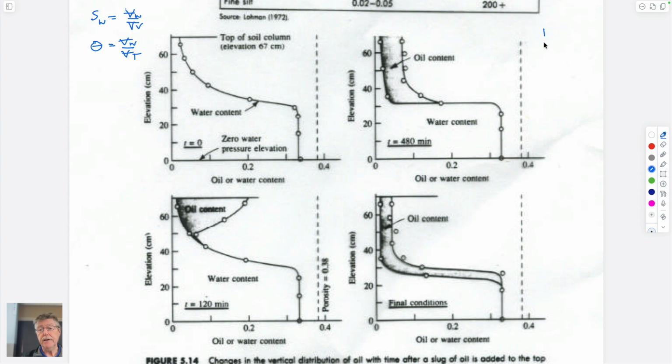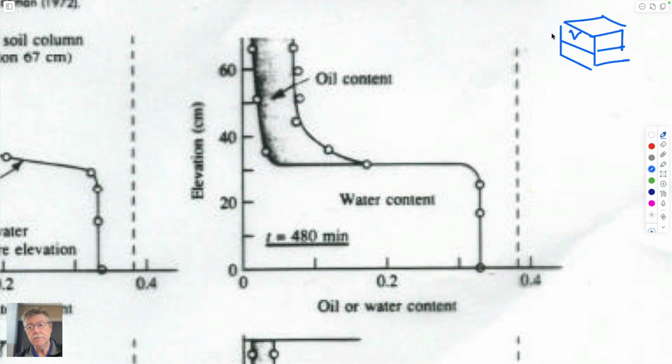So in other words, if you have something that looks like a little cube of rock, and you could centrifuge it down so that you had the volume of the voids, volume of the solids, and the volume total would be this whole thing.